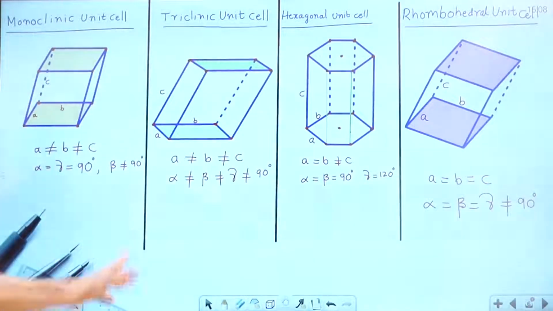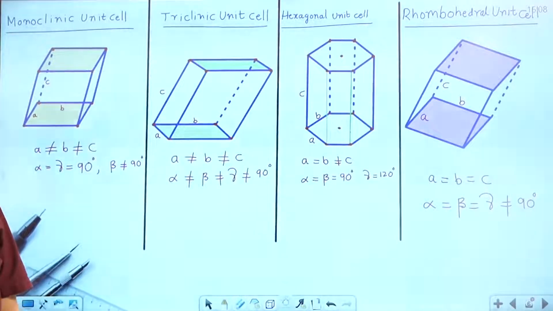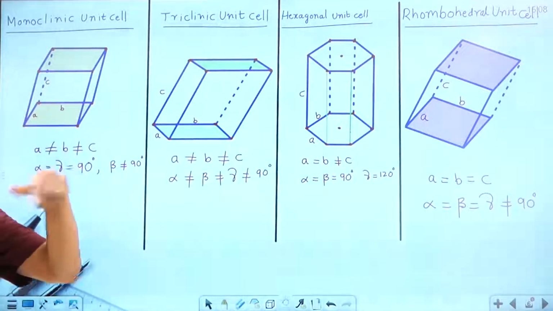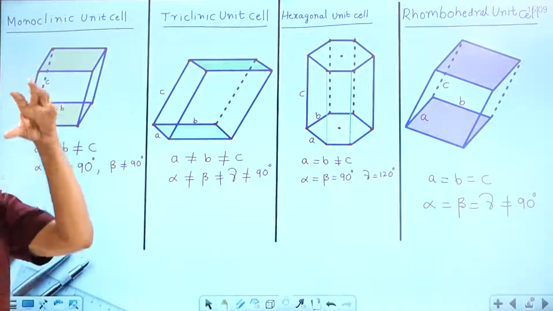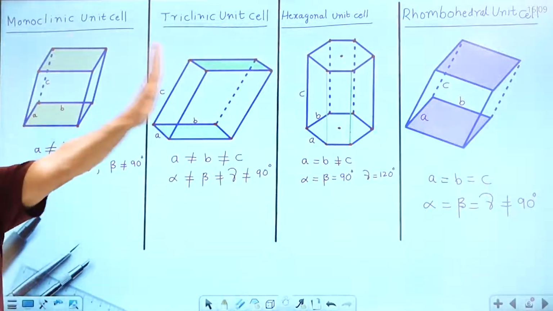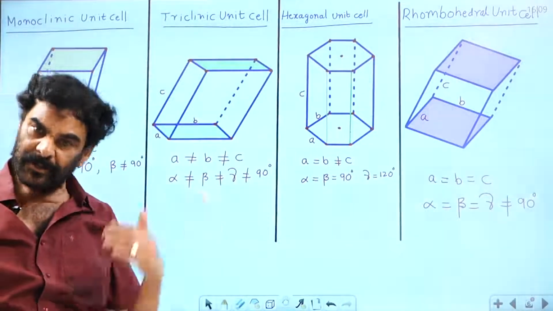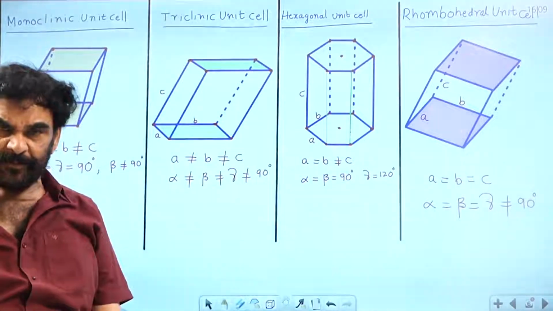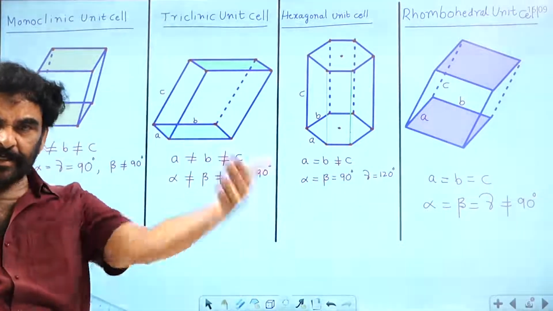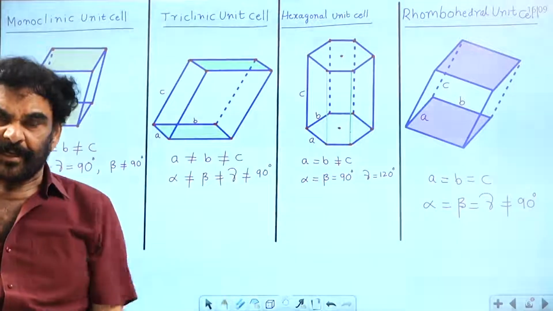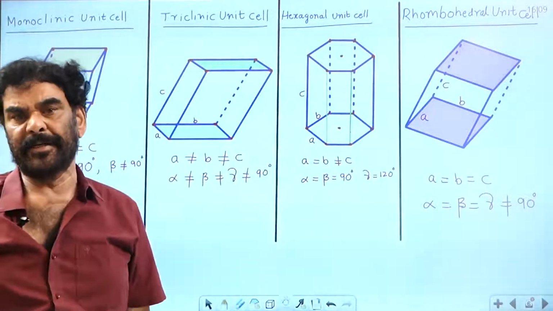These are the names of the 7 crystal systems, identified based on the cell parameters, not based on the distribution of the lattice points. Based on the location of the lattice points, they are classified into 4 types: the primitive or simple unit cell, body-centered unit cell, face-centered unit cell, and end-centered unit cell.